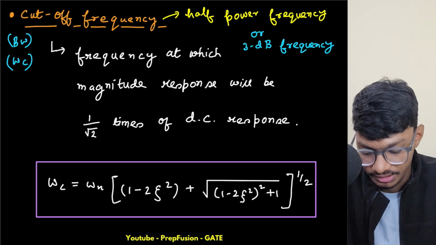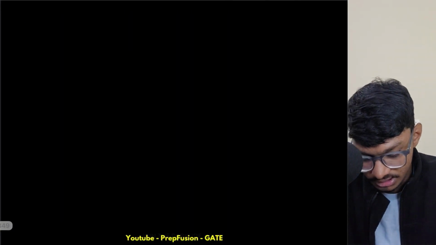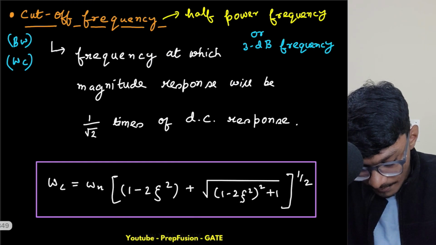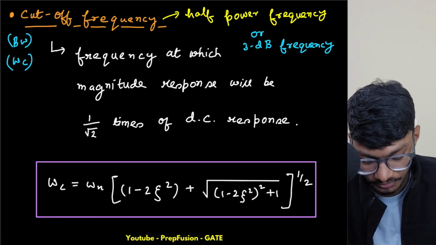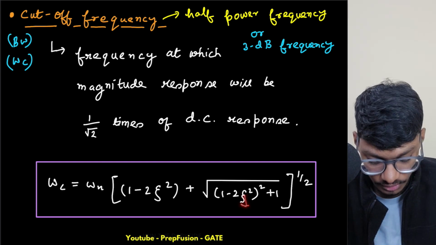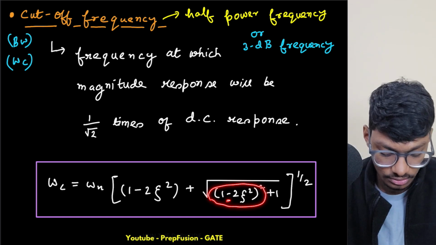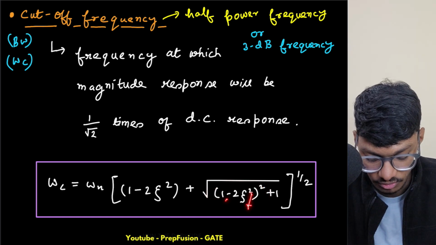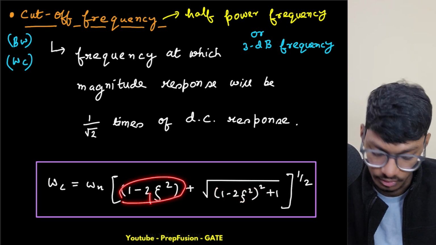Now one thing I can say is that if let's say my zeta reduces, what will happen? If my zeta reduces, so zeta is reducing here, so overall this thing will increase, because this is a negative sign. This is a negative sign, so if this reduces, overall this thing will increase, and if this reduces, overall this thing will also increase.